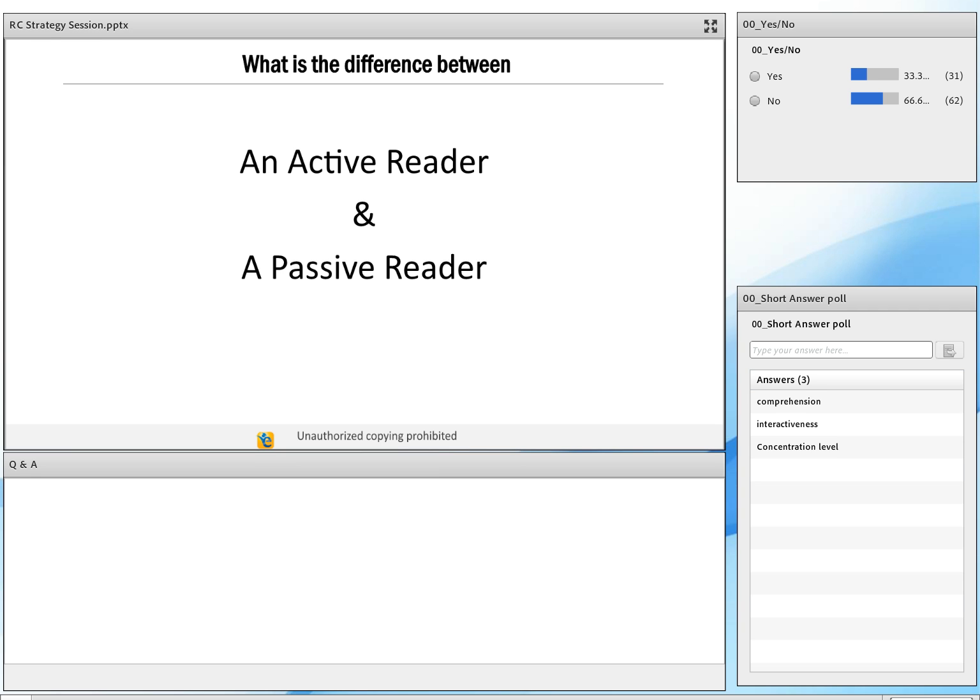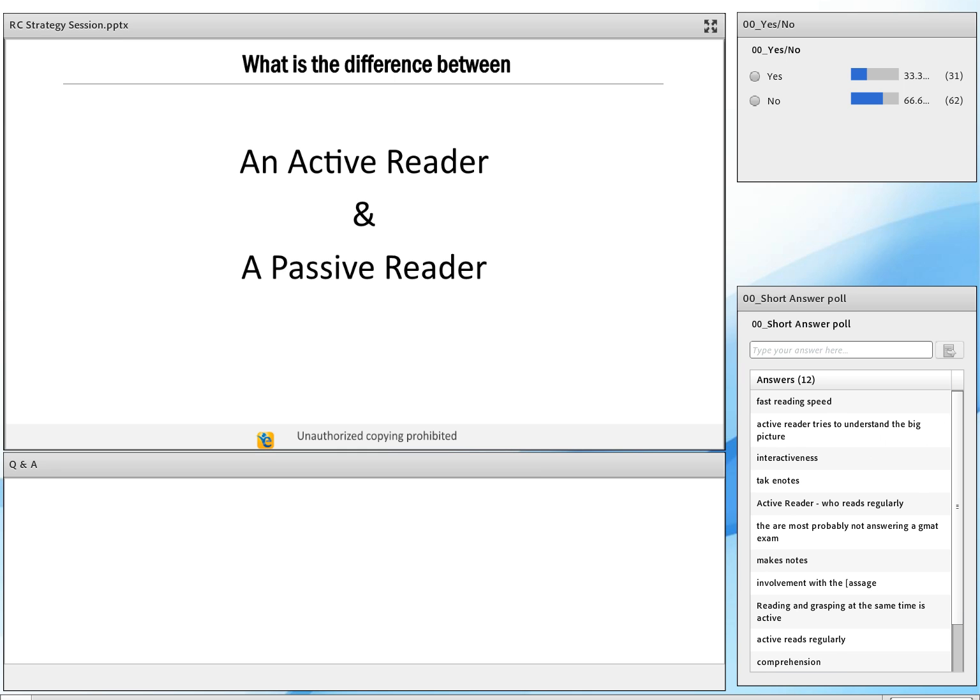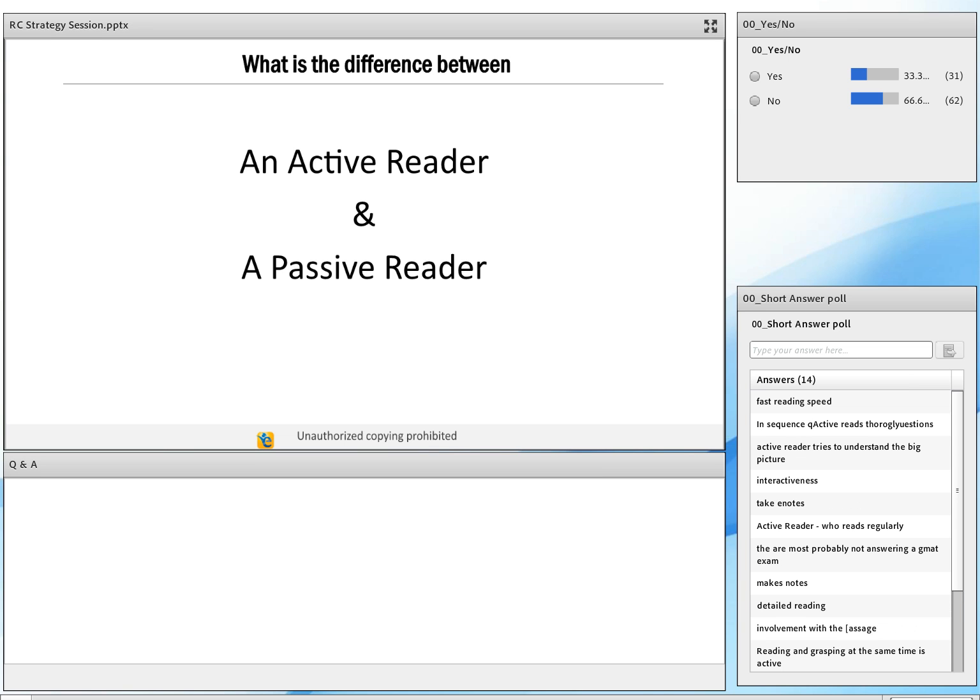Concentration level, okay. Active reads regularly. No, that's not the answer. Active may also read regularly, but that's not the actual answer. Active reader tries to understand the big picture. Okay. I haven't gotten any very specific answer here.